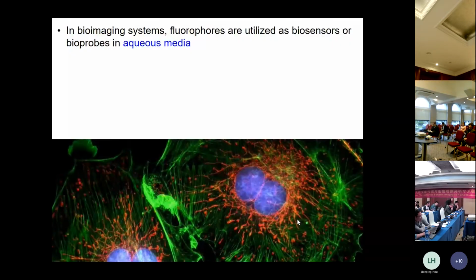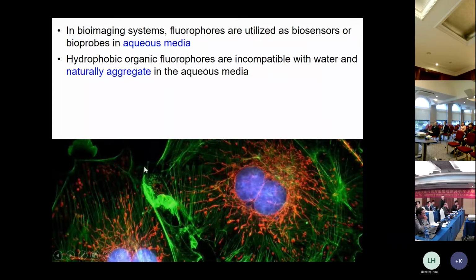Here I'm going to talk about one very difficult issue people have faced for centuries. In bioimaging systems, fluorophores are utilized as biosensors or bioprobes in aqueous medium, because the liquid medium supporting life is basically water.